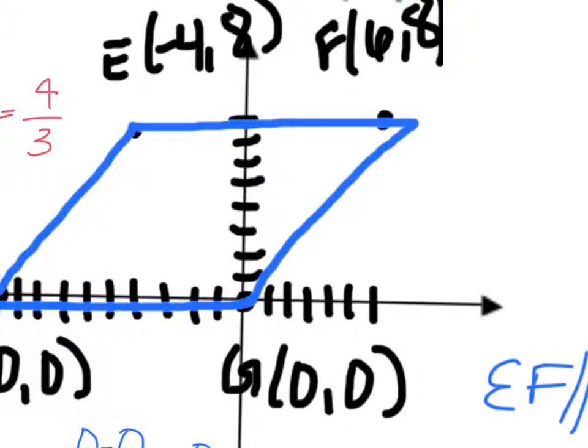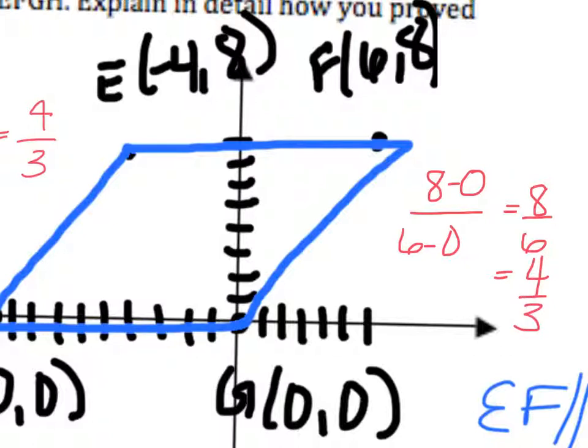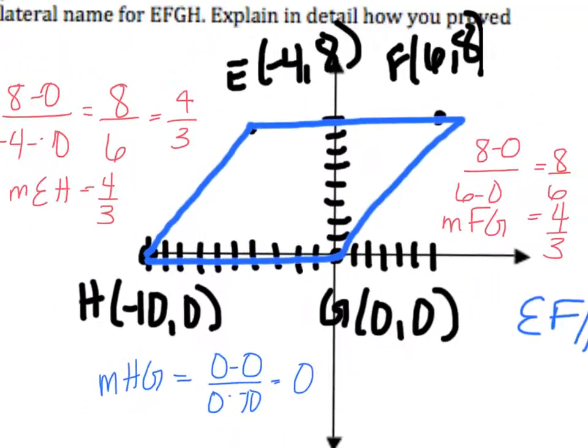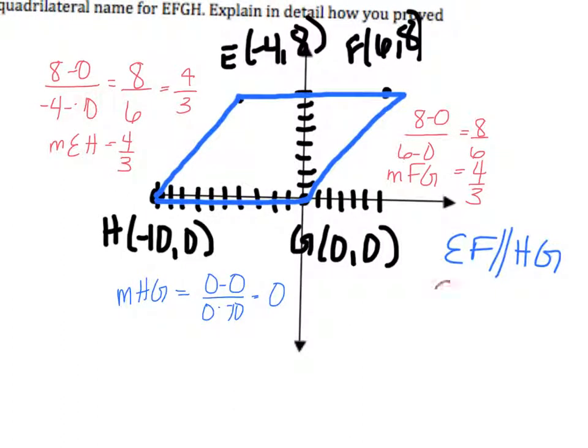It could be a trapezoid. And you should come out with 4/3 again. So the slope of FG is 4/3 and the slope of EH is 4/3, meaning that EH is parallel to FG. So because two sets of opposite sides are parallel, I at least know that this is a parallelogram.